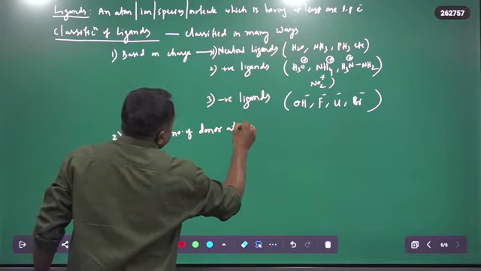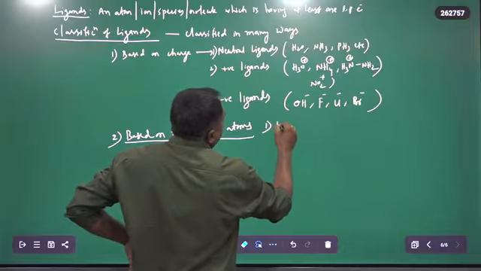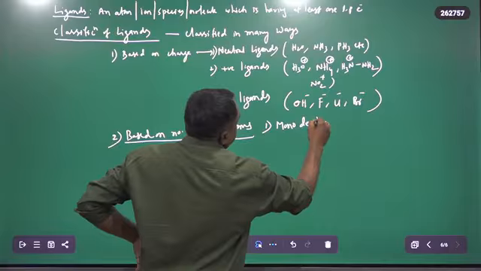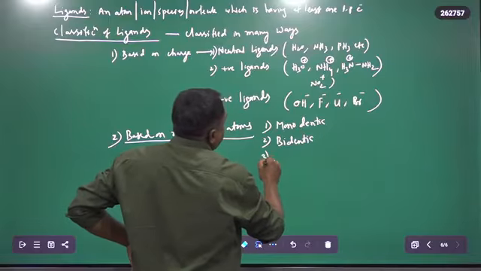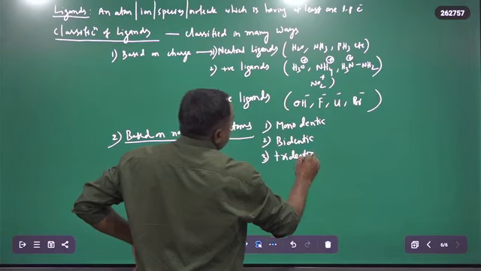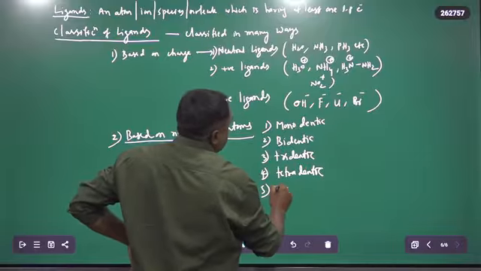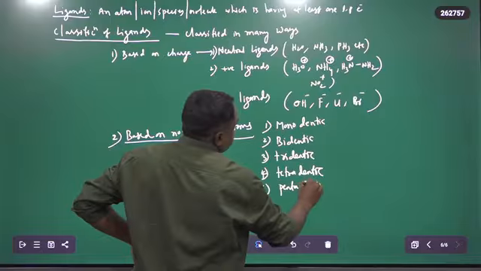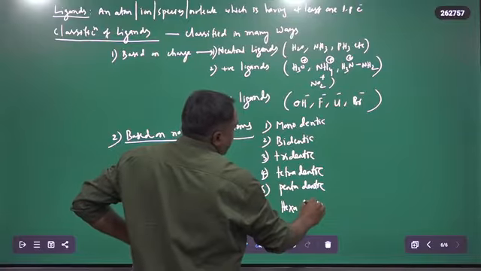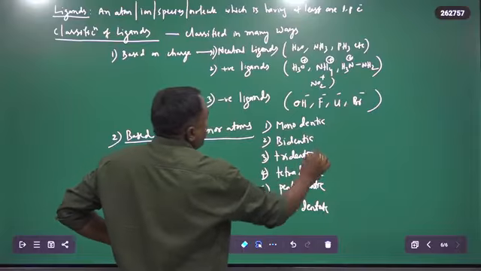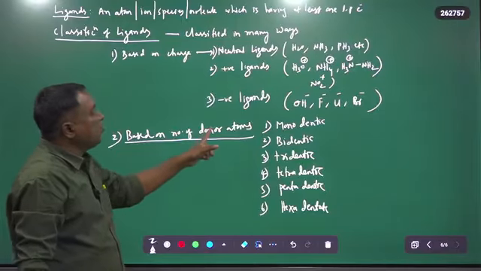Based on the number of donor atoms, ligands are classified into monodentate, bidentate, tridentate, tetradentate, pentadentate and hexadentate. So this is based on the number of donor atoms.